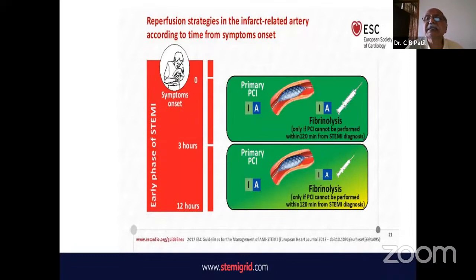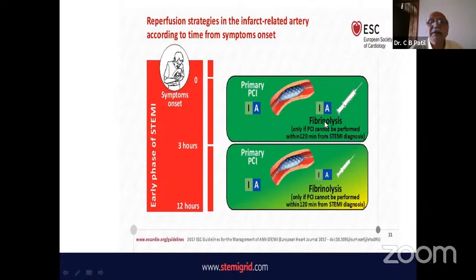So these are the latest ESC, European Society of Cardiology, guidelines on reperfusion strategy. Primary PCI should be done within the first 3 hours as much as possible. Whereas fibrinolysis is also 1A, that is indicated only if PCI cannot be performed within 120 minutes from the STEMI diagnosis.